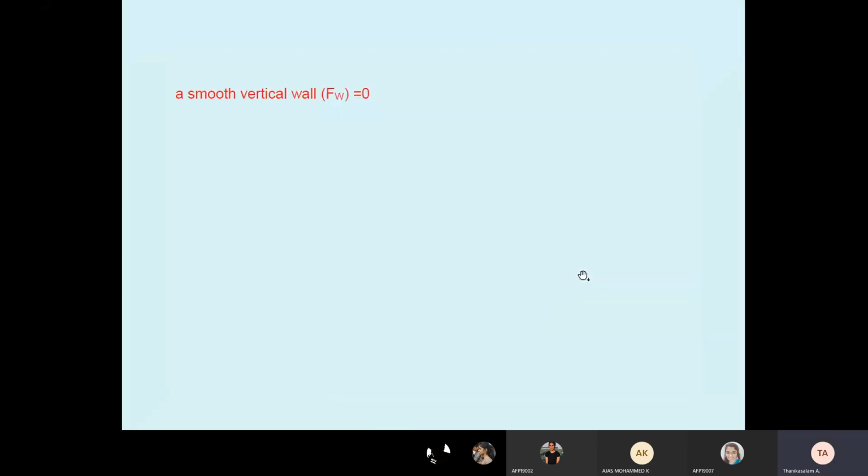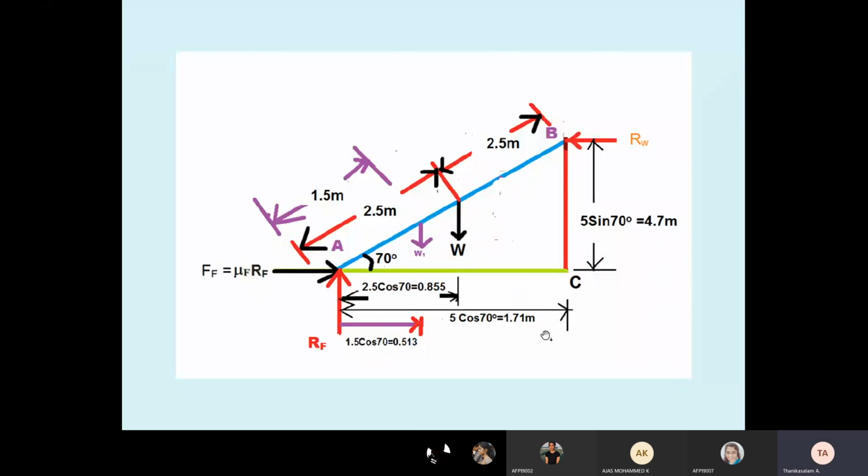Okay. Now see this diagram. Total length 5 meter. So the weight is acting at the middle, 2.5 meter, 2.5 marked. The distance given for the man from the bottom is 1.5 meter, W1. The angle is also given. So you have to calculate L sin theta. Students, the vertical distance, what is the B distance? L sin theta. L means the length of the ladder, 5 meter. 5 into sin 70.